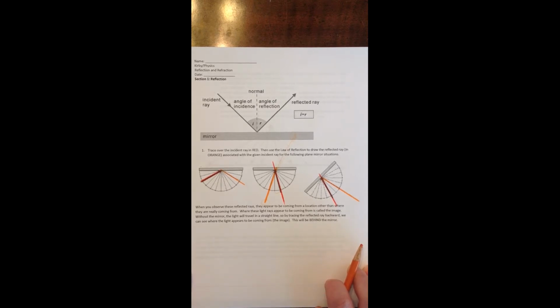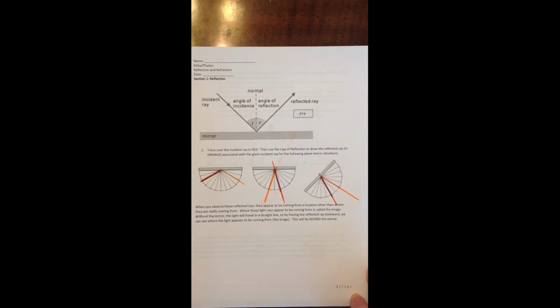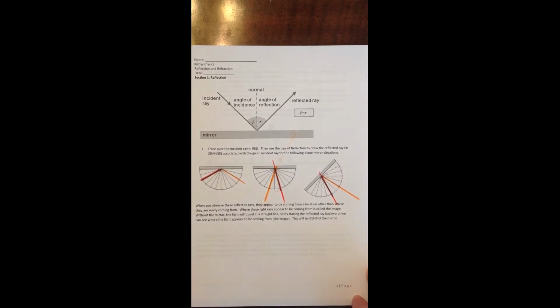For a plane mirror, that image is always going to be behind the mirror. So if you go look at yourself in the mirror, you appear to be behind the mirror itself, not on the surface of the mirror. And that's what this is talking about.